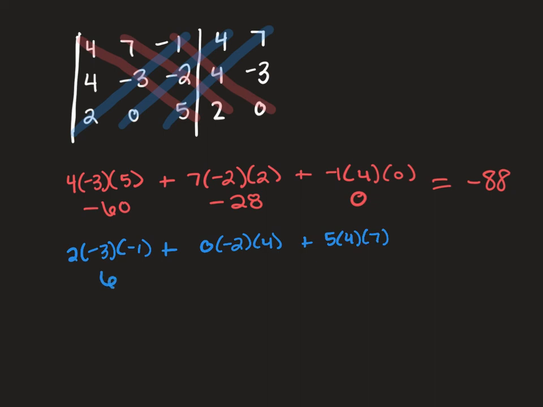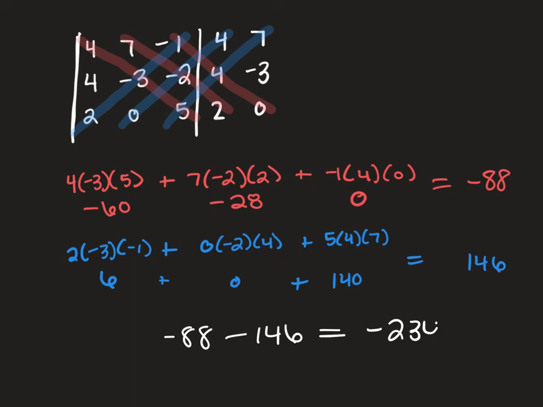So I get 6, and 0, and 140. 5 times 4, yeah, 140. So then that blue one is going to be 146. And then just like before, I'm going to take -88 minus 146, and that will give me my final answer, which is -234.